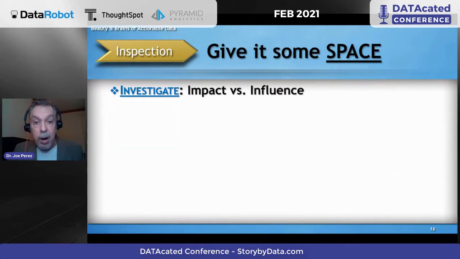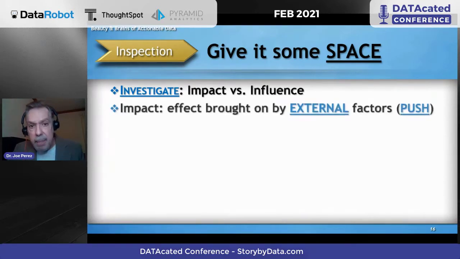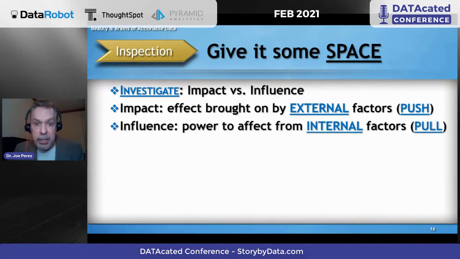need to be aware of the difference between impact and influence and how that plays into making data actionable. Impact is typically recognized as an effect brought on by external factors that tend to push on your status quo. By contrast, influence is generally known to be the power to affect from internal factors that pull on your status quo.